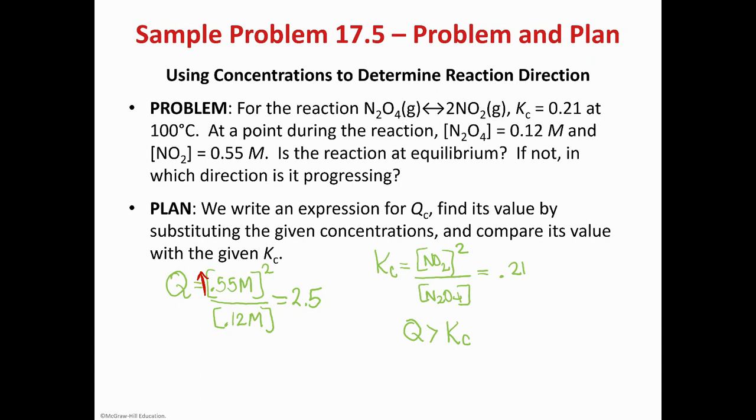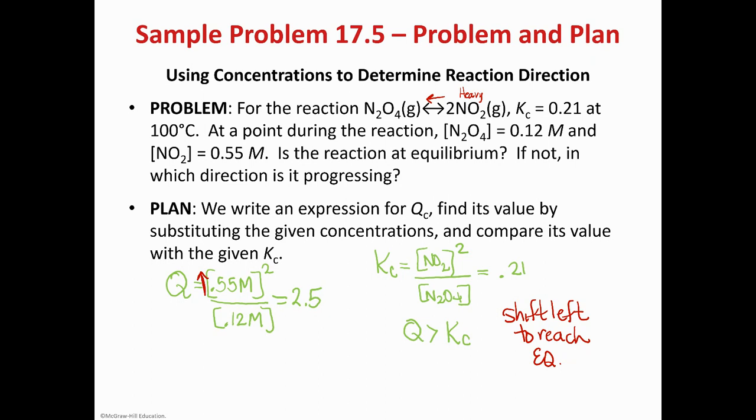So if you think about it, if we're heavy on product side, well, that means that it's really going to have to shift back to reach equilibrium. And so we would expect that this would have to shift to the left. Okay?